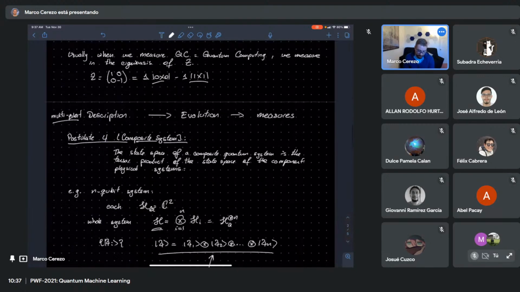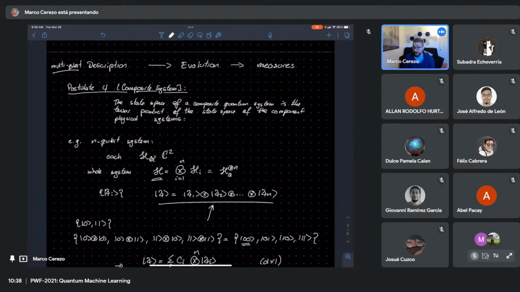Finally, we have how to describe composite systems. Here we introduce this new operation, which is the tensor product. Again, linear algebra. So thus far, you've seen that most of what we've done is just linear algebra. How do we construct the space that describes a composite system? Well, we have the Hilbert space for each one of its constituents, and we just compute their tensor product.